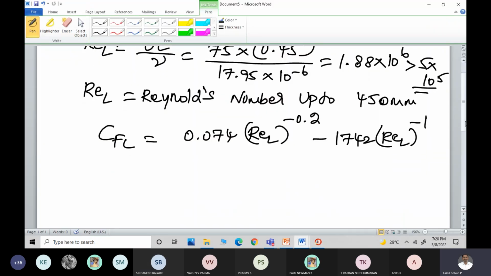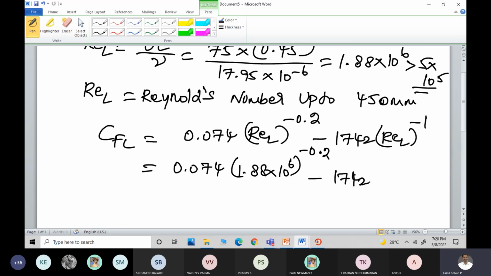Now substitute and get the average value. 1.88 into 10 power 6 whole power minus 0.2 minus 1742 into 1.88 into 10 power 6 whole power minus 1.